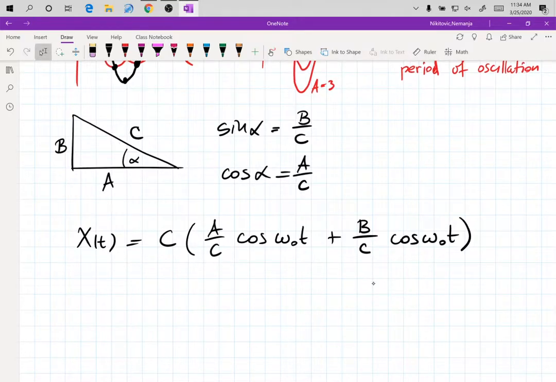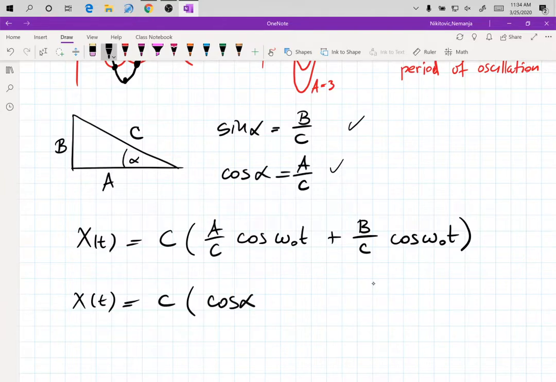But now when you look at these two, you see that you can replace them into the problem. A over C is cosine alpha times cosine omega 0 t, plus B over C is sine alpha times sine omega 0 t.